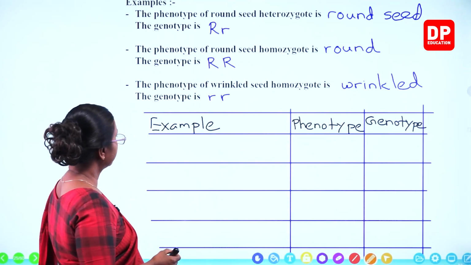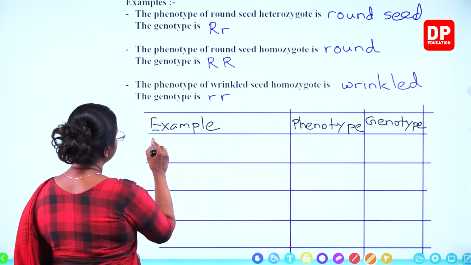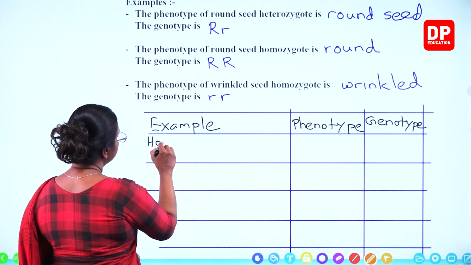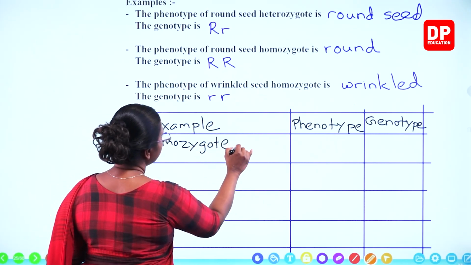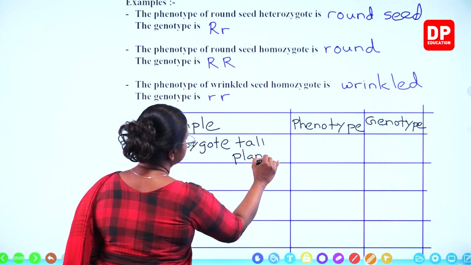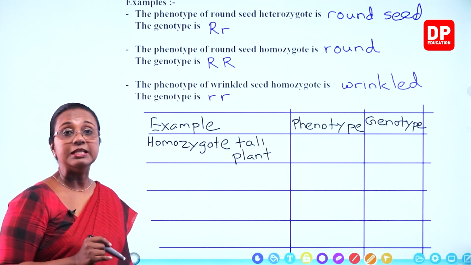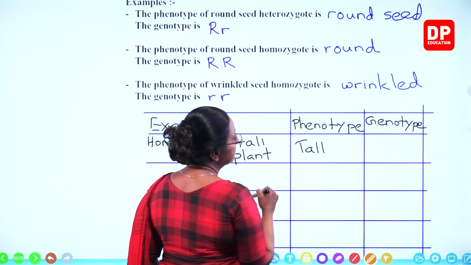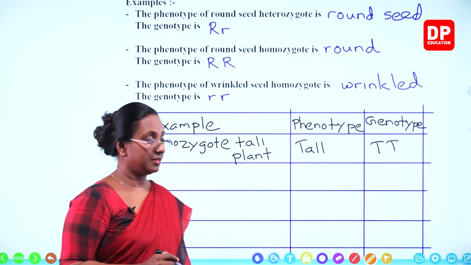Example: homozygote tall plant. What will be the phenotype? It will be tall. And the genotype is going to be capital T, capital T.